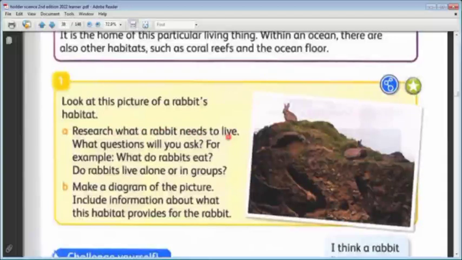What are the needs of the rabbit here? He needs food, which is present in the form of grass. He needs water, which I think is near this habitat. This habitat gives the rabbit what it needs: shelter in the burrow, and the food and water present near this place.